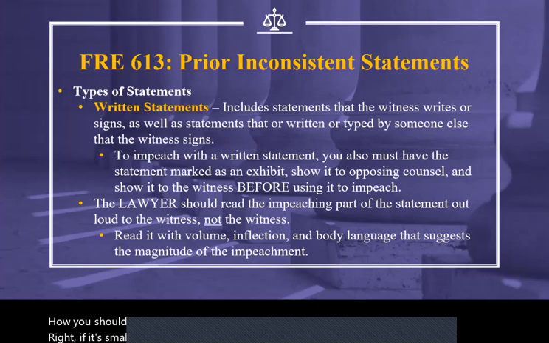Most of them are middle ground, right? Now, you have some lawyers who will impeach on every single thing someone says. Guess what? You want to know how you anger the jury? Do that. So you should generally select a few points for impeachment, maybe even just one large one.